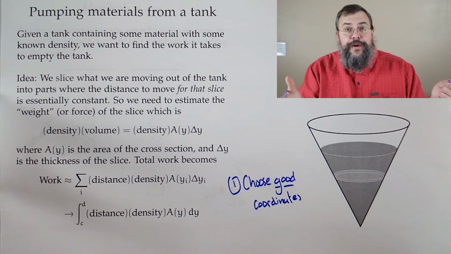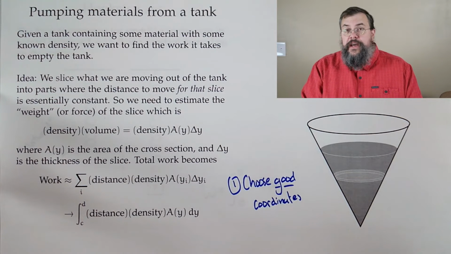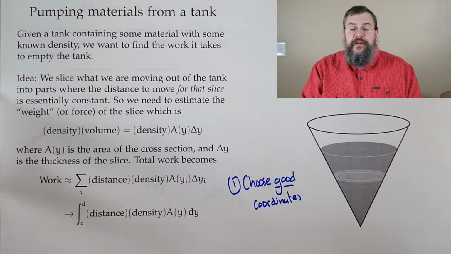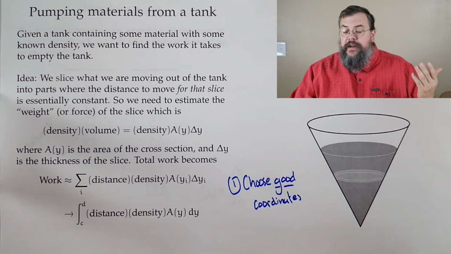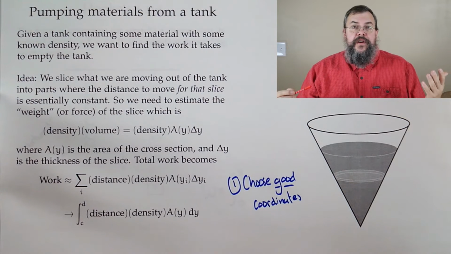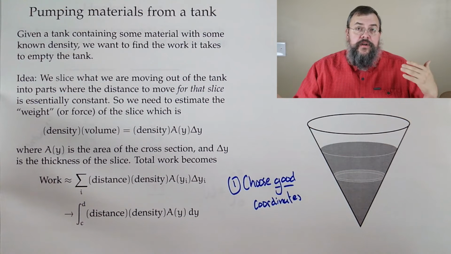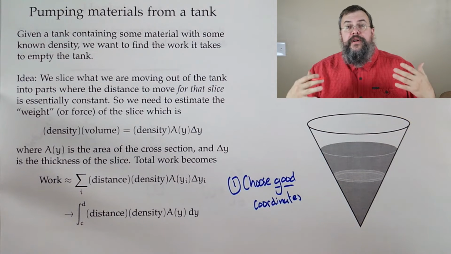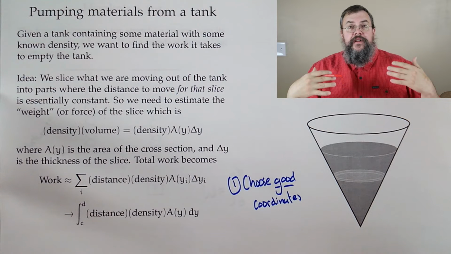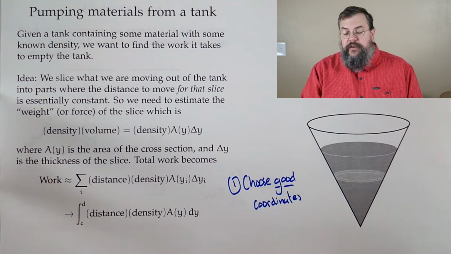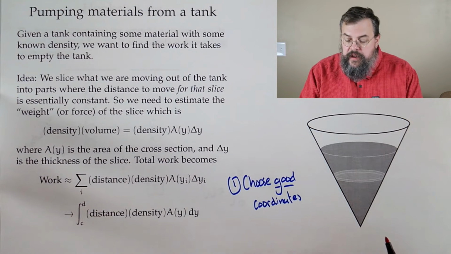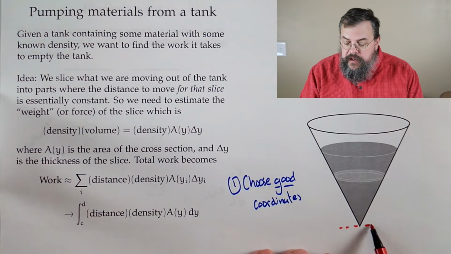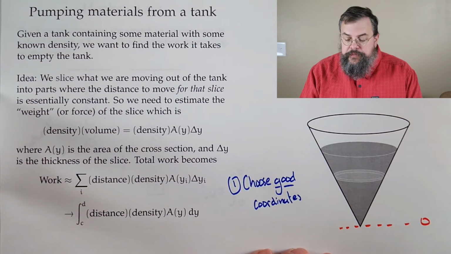Now, they might have a coordinate system already handed to you, in which case, probably you should use it. There's a reason they handed it to you that way. But if they didn't, then we have to make a decision. So, how do you decide? The answer is put coordinates in a way that makes it easy to work the problem. So, for instance, here, you might say, well, let's put 0 at the very bottom.